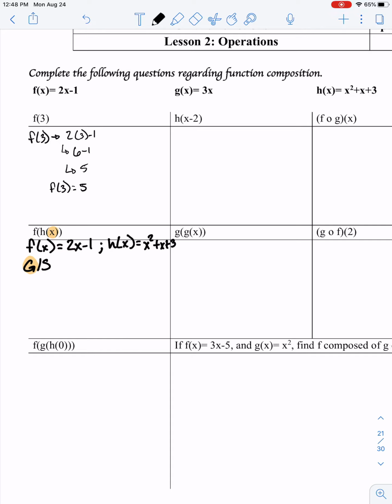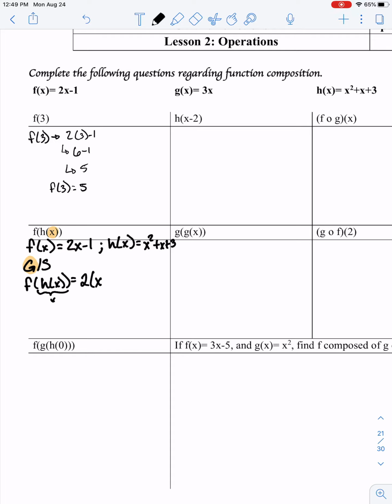So because of that, f of h of x is equal to the function on the left, which is what I'm actually going to write, so 2 times. Again, this right here is usually an x, but because it's h of x, I'm going to write the entire h of x function in place of the x.